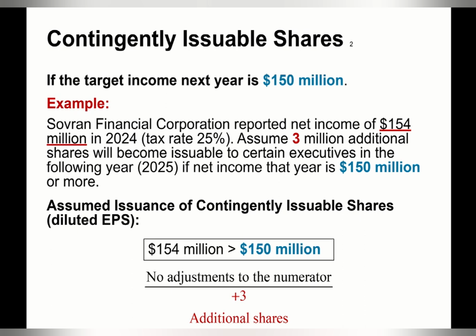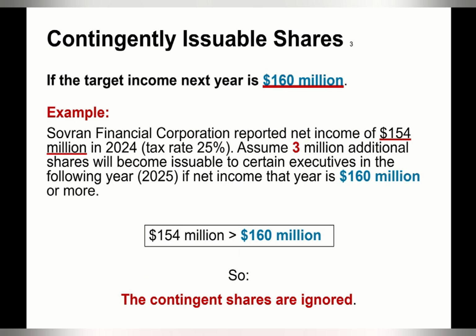Assumed issuance of contingently issuable shares, diluted earnings per share. 154 million is greater than 150 million, so we have to add the 3 million additional shares into the denominator.